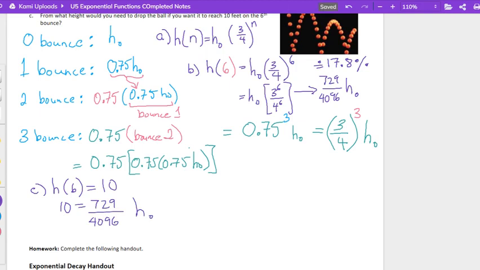Ugly numbers, but there's only one unknown. I can multiply both sides by 4,096, divide both sides by 729, or some other type of algebra, and I'll get that h naught is going to be 10 times 4,096 divided by 729.